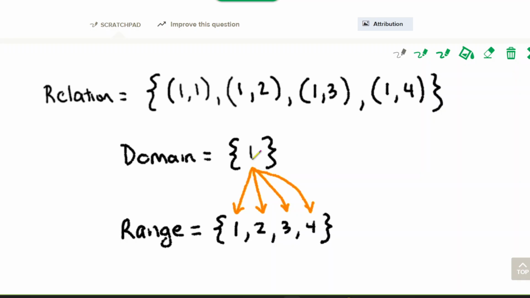Not more than 1, not less than 1, exactly 1. So here, the only value in the domain is paired with 4 values from the range. That's more than 1. So this relation is not considered a function.